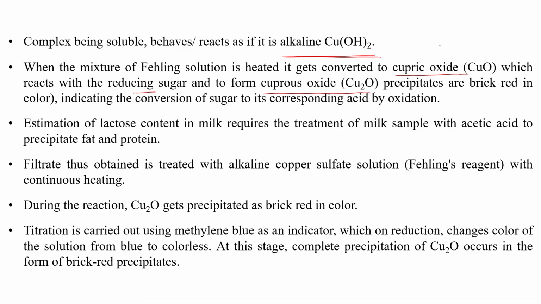So cupric has changed to cuprous by the reducing sugar, that is lactose in this case. The precipitate is brick red in color, so the endpoint of titration will be brick red, indicating the conversion of sugar to its corresponding acid by oxidation.